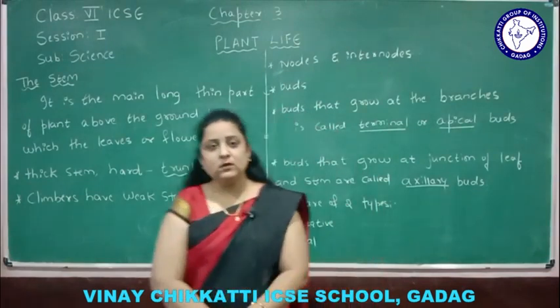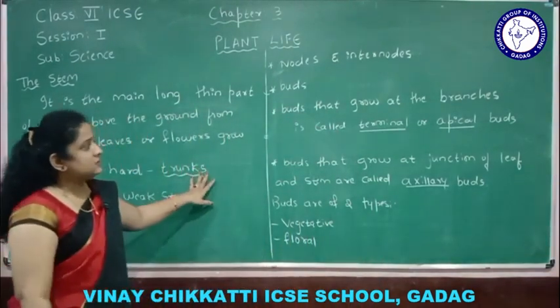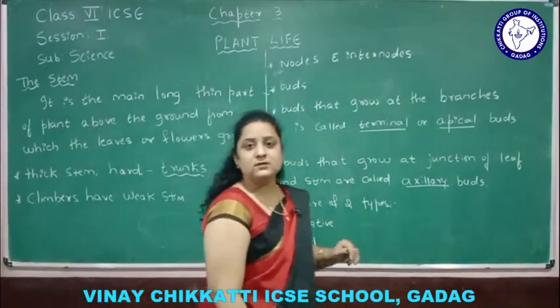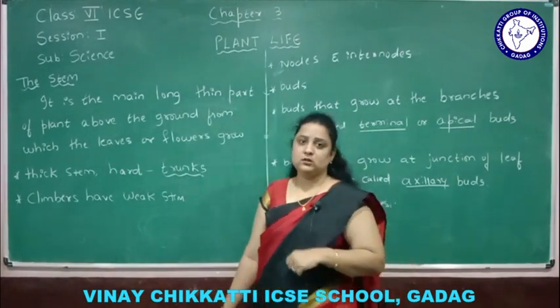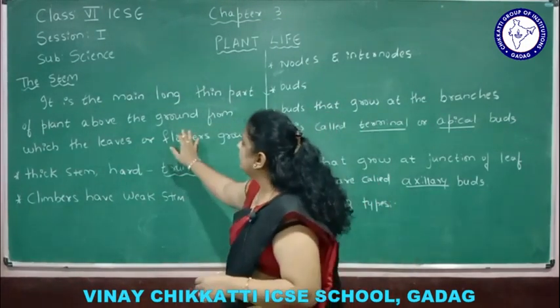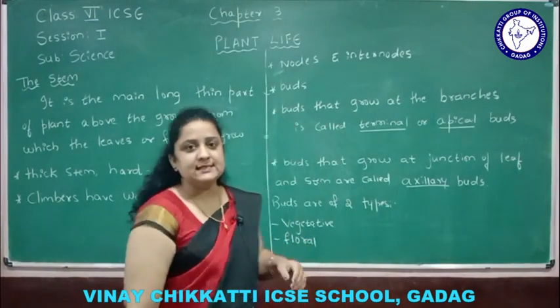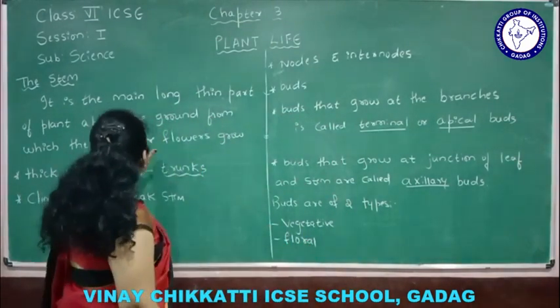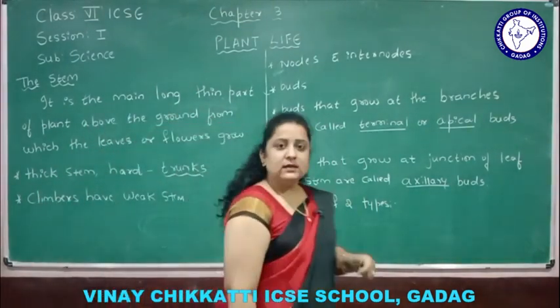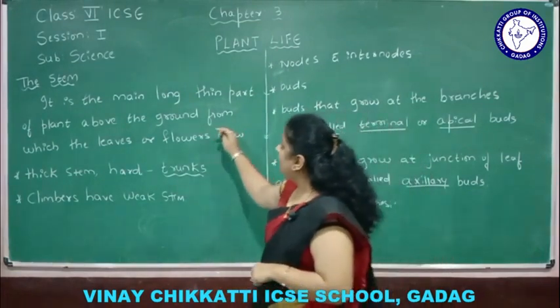So we have discussed root and the root system, structure of roots, types of roots, and the functions of root. Now we will come to another part of the plant, that is stem. What is stem? Stem is the main long thin part of the plant above the ground.